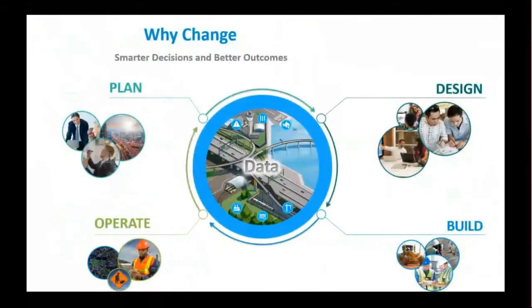So again, why change? These are inefficient ways of working with GIS and shapefiles with CAD. Together, Autodesk and Esri are allowing you to collaborate to provide native access to live BIM information within a GIS environment.